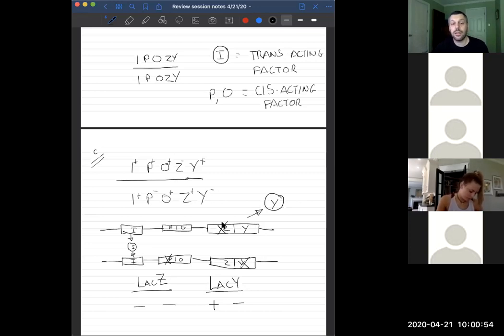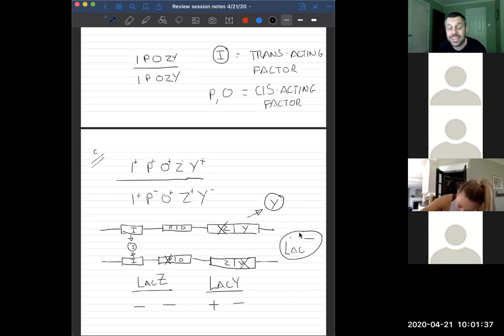Because in order for this cell to use lactose as an energy source, it has to both be able to import it into the cell with Lac Y and digest it with Lac Z. And so this individual cell right here in part C makes permease in the presence of lactose. So lactose could get into the cell, but when lactose gets into the cell, there's no Lac Z to be able to digest it. So this individual will be Lac minus because it cannot use lactose as an energy source.